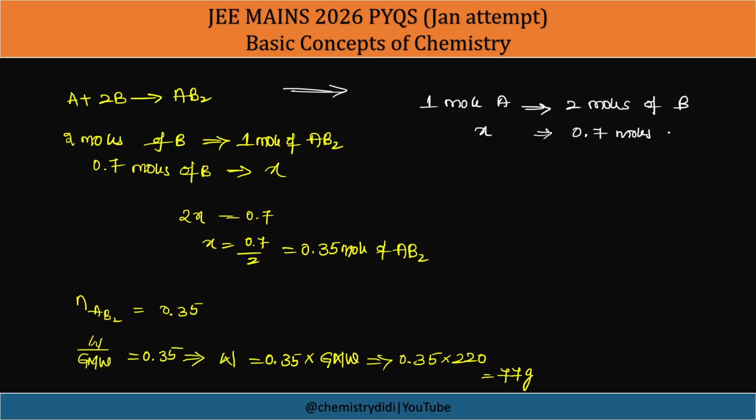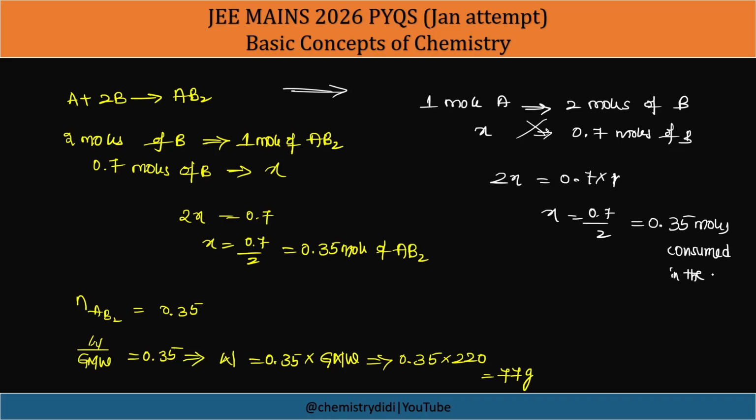So this way we can find the number of moles of A that reacted. Again the crisscross method: 0.7 into 1, and x is equal to 0.7 by 2. Fine, so this is how you can solve. Here we'll get 0.35 moles of A consumed in the reaction.